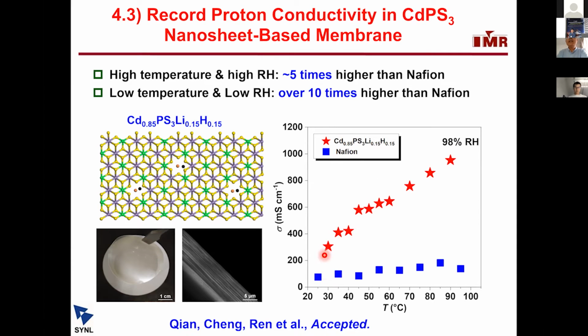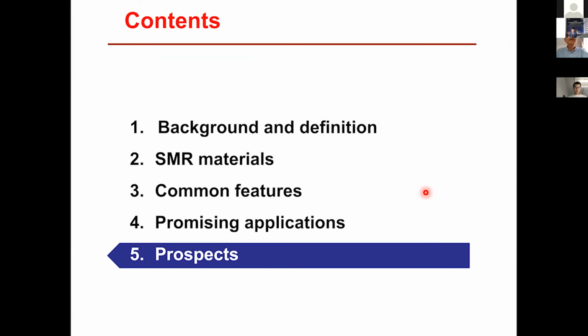As I show you here, this is the new material. This is the proton conductivity of Nafion. We measured this at very high humidity, 98%, and with the temperature increase, our material showed increased conductivity. This is a very interesting property.